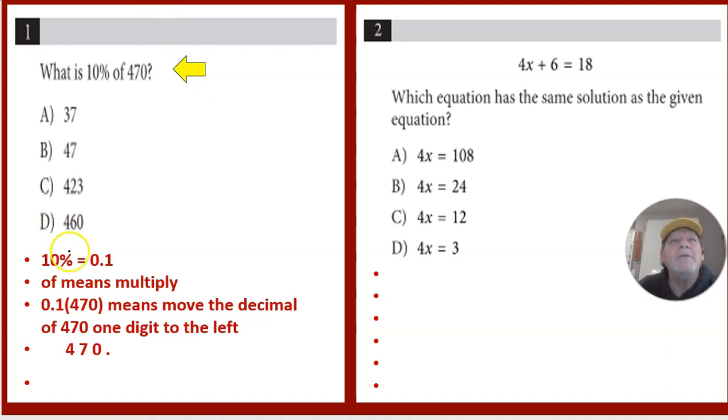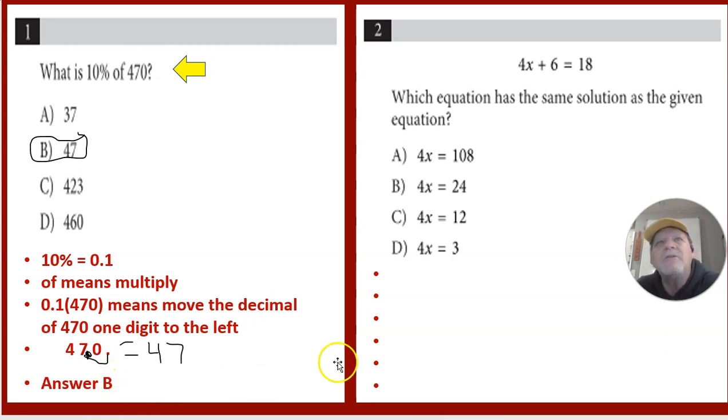So let's just take the decimal from this point here and move it over 1. And right here is my new decimal. So that equals 47. And you look up at 47 and you say, oh, that is B. And most of you chose B. I know you did. It wasn't a hard problem. So that is the very first problem. I told you it's easy.